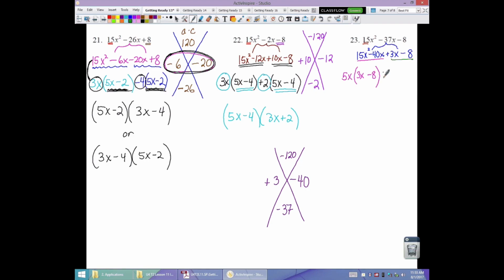But when we're using this key number method, we need to write that just as a placeholder. It's plus 1 times, and we already have what we were looking to match in the first parentheses, 3x minus 8. So my factor's 3x minus 8 times 5x plus 1. And that, making this last final answer, is why it's important to write the plus 1 there rather than just ignore it, because we need it down here. We need it in the second binomial to make that 5x plus 1.